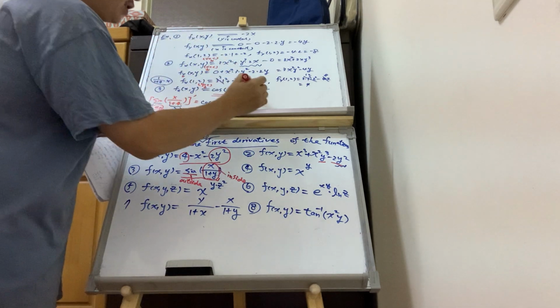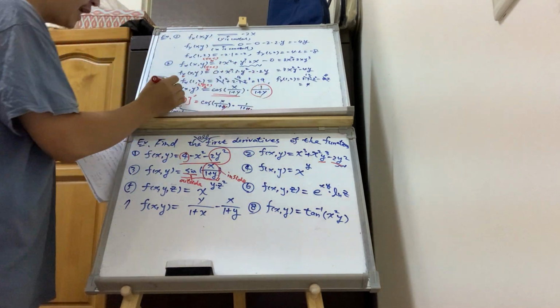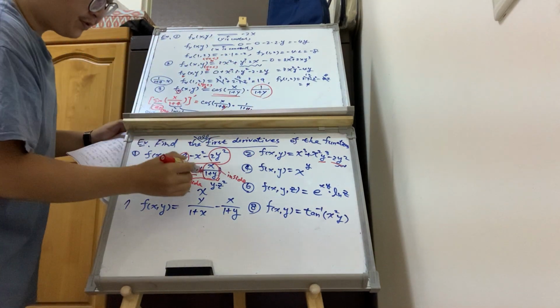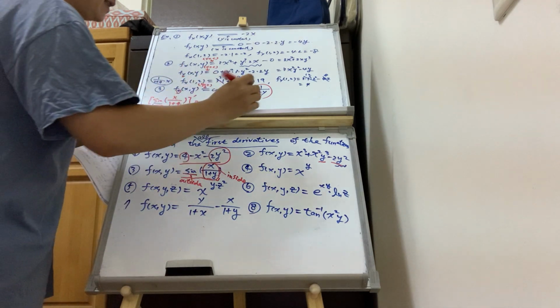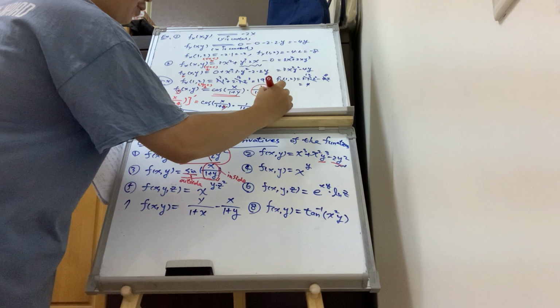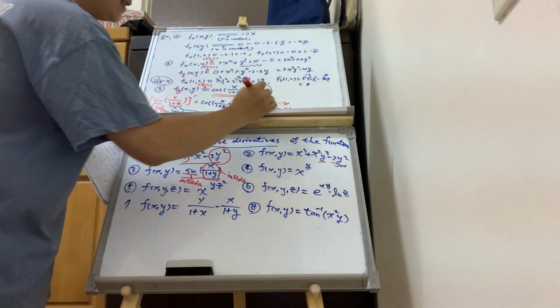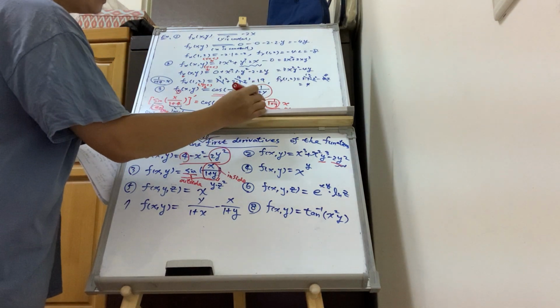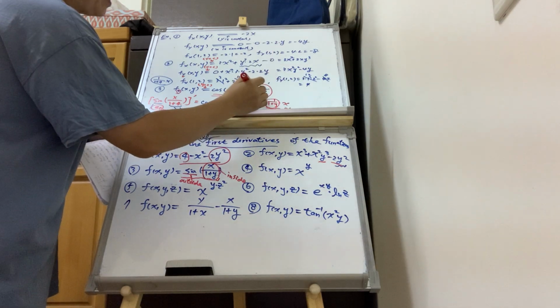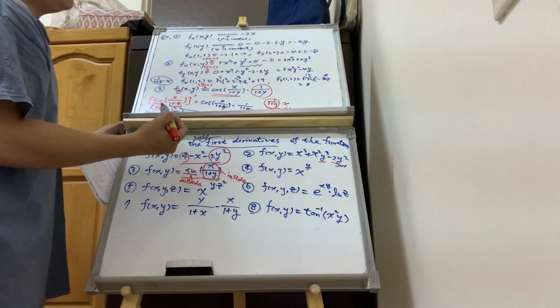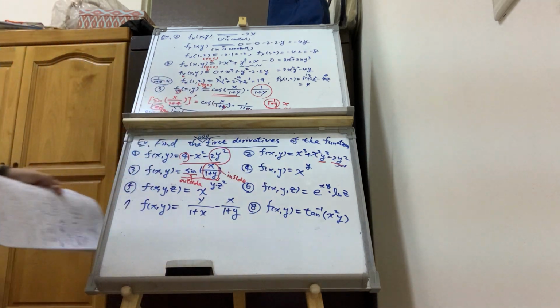And the inside function's derivative, now our variable is x. So 1 plus y is a constant, so it's just 1 over 1 plus y times x. Its derivative with respect to x is 1, so 1 over 1 plus y.